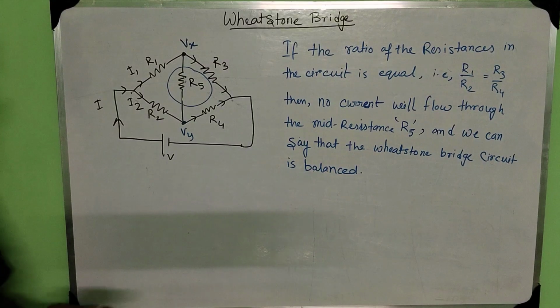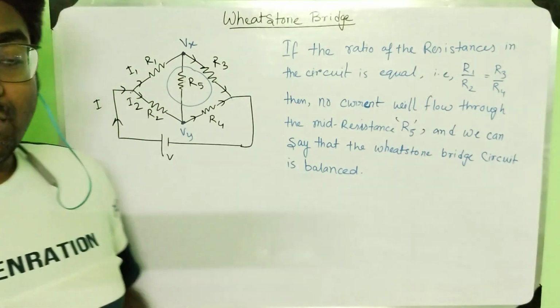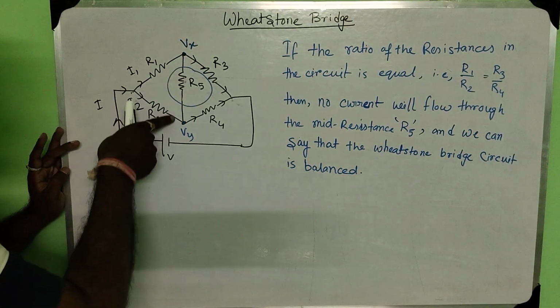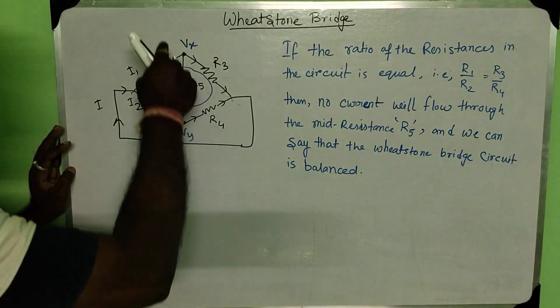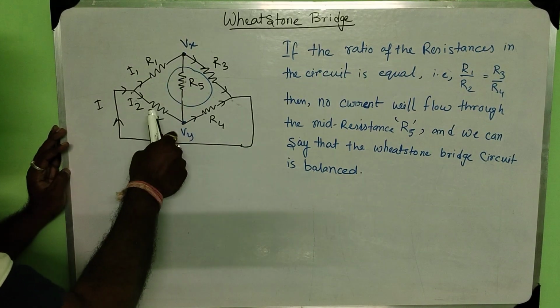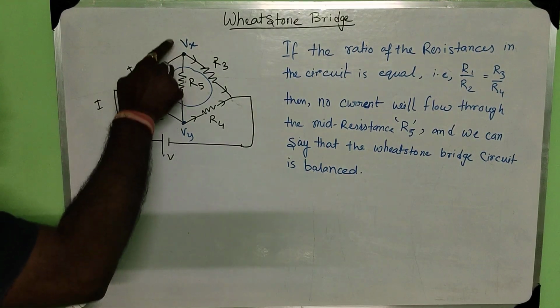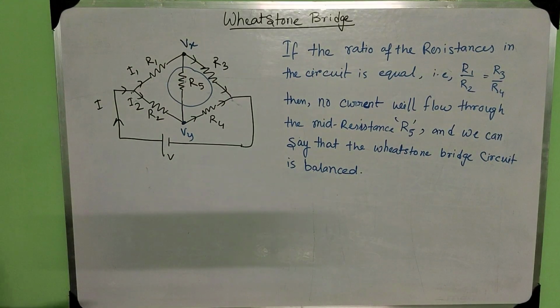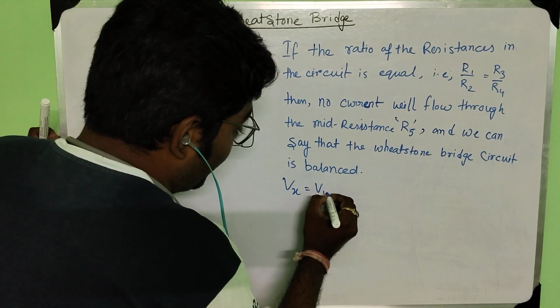Ohm's law says that if there is a potential difference, then only the current will flow. Now, as there is no current flowing in this branch, this potential and this potential are the same. That means there is no potential difference between these two terminals, according to Ohm's law. So I can say Vx is equal to Vy.